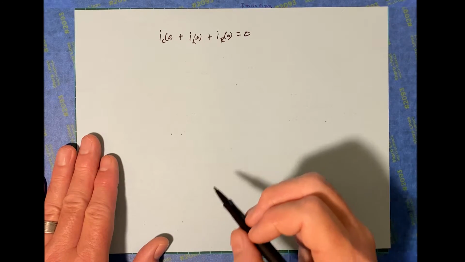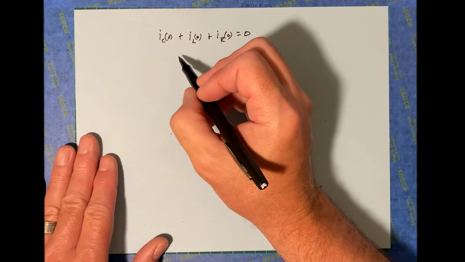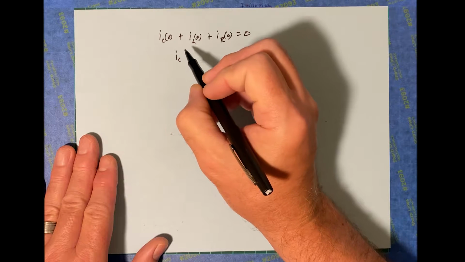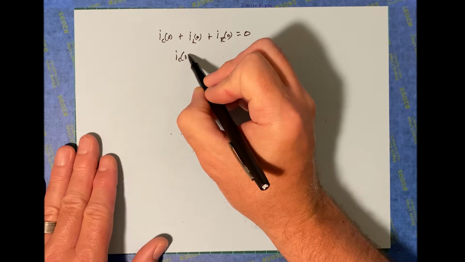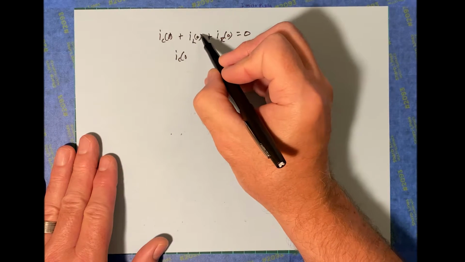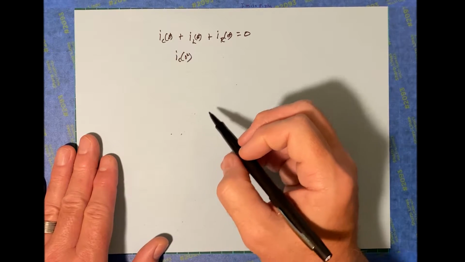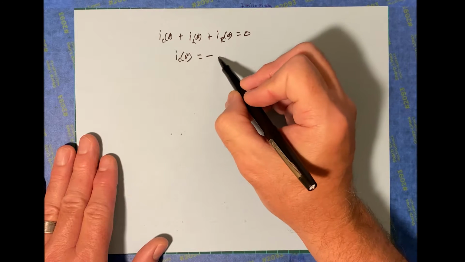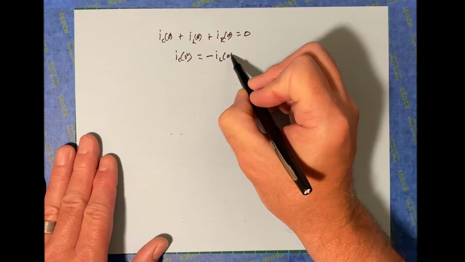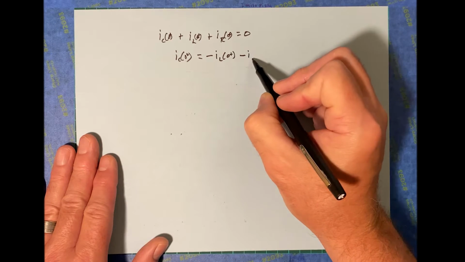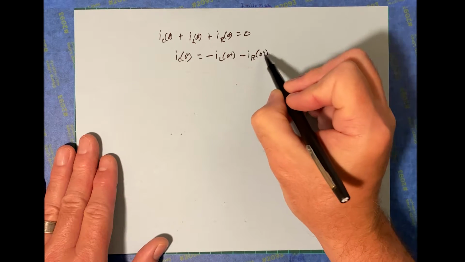Okay? So if I look at this, I can see that I sub C at 0, and I could put plus signs up there. This is all 0 plus. I sub C at 0 plus is going to be equal to minus I sub L at 0 plus minus I sub R at 0 plus.